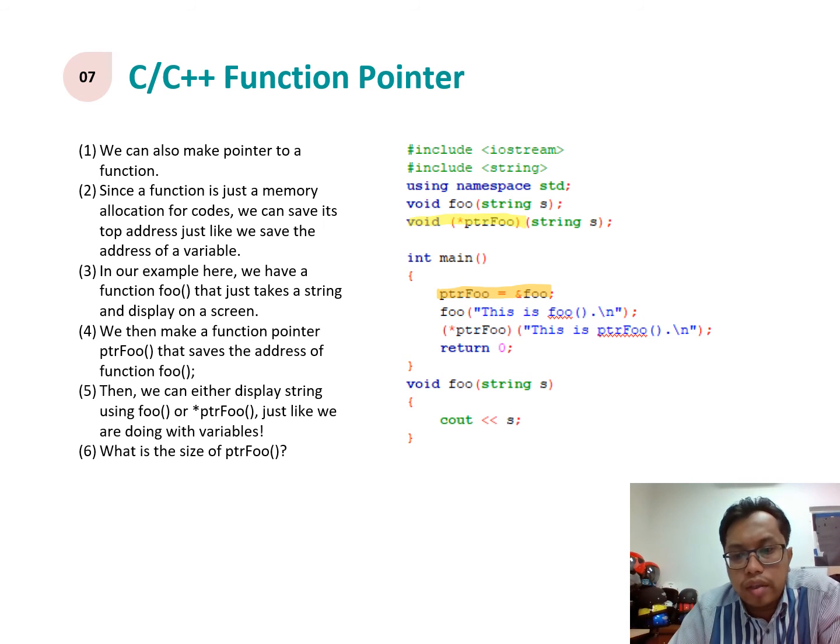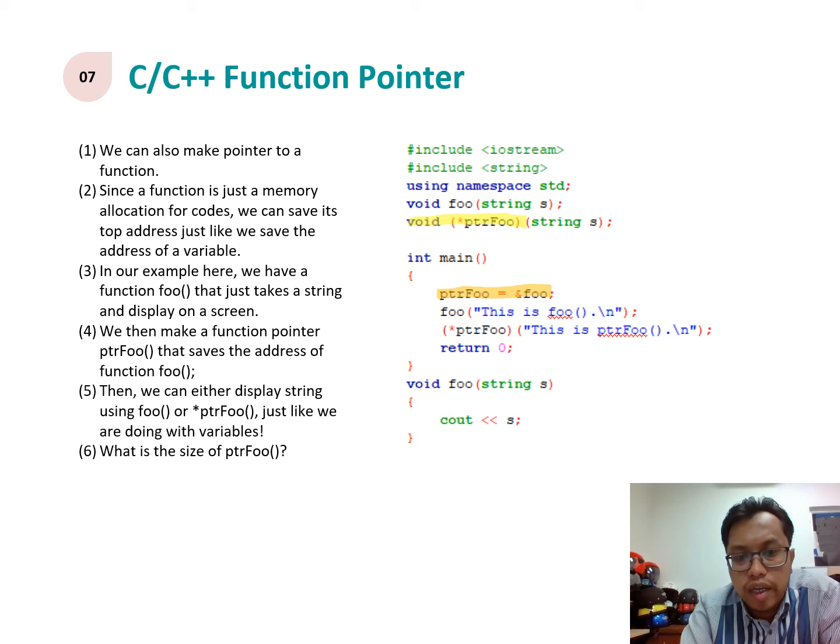Likewise, you can alter the values in a variable. For a pointer function, you can basically change the code, because a function is just a memory allocation for code. So both basically function the same way.